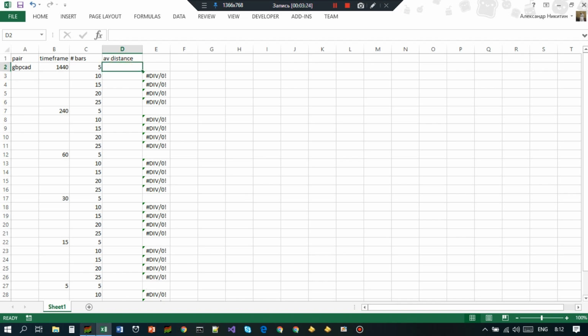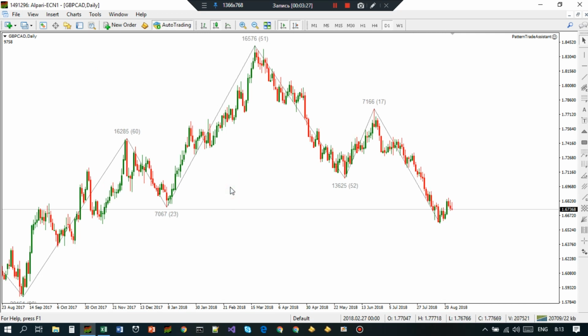What I did, I created a special indicator that I call application 9. I call all my indicators applications. It calculates the size of swings in pips. So it says it is 10,657 pips and 6 decimals.